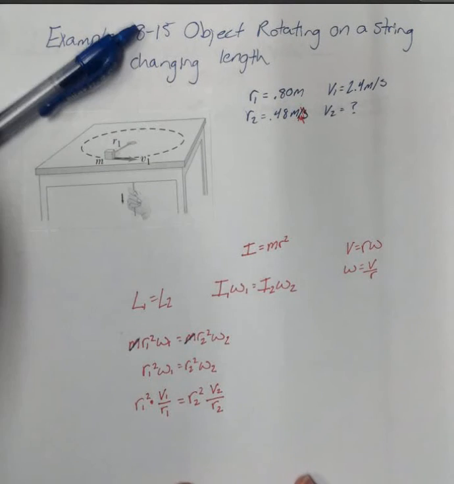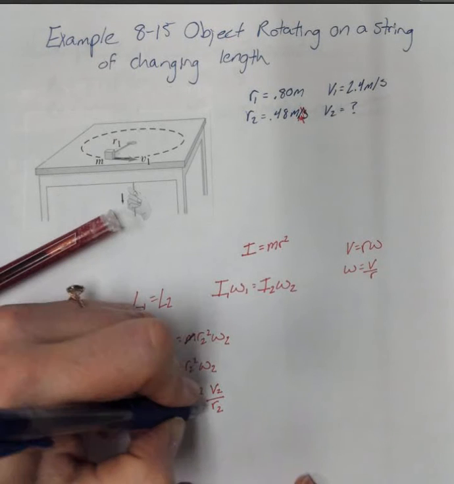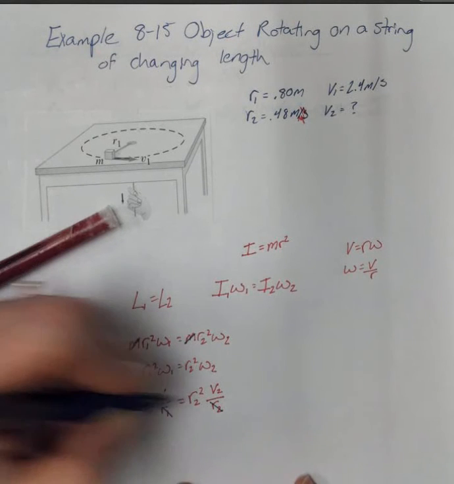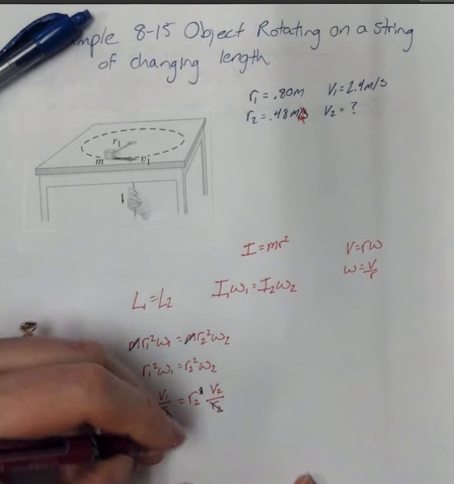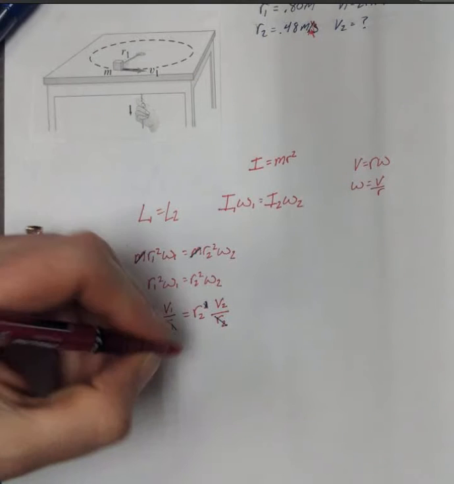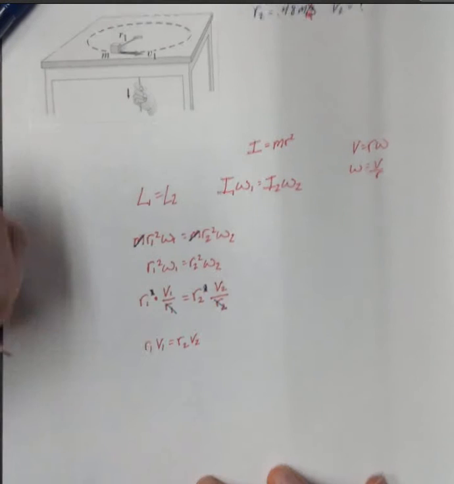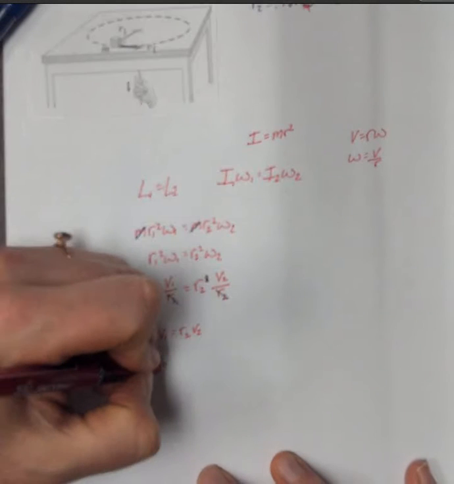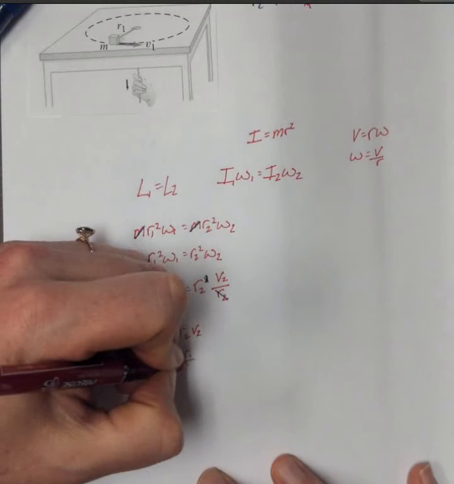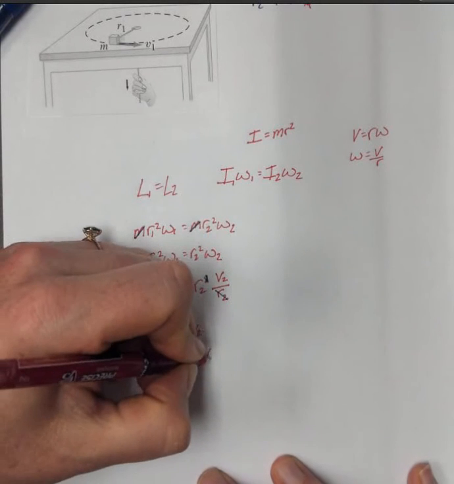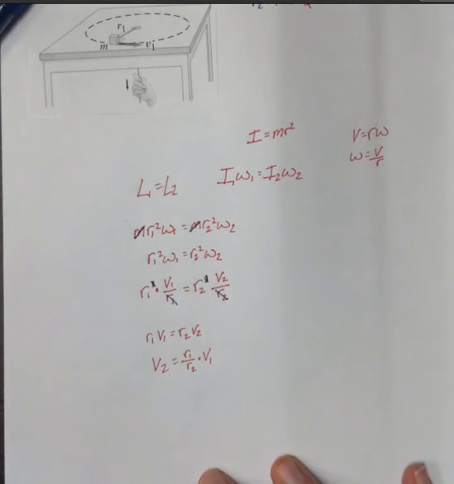And I am quickly going to simplify my equation, and I get r1 v1 equals r2 v2. Solving for v2, v2 equals r1 over r2 times v1. So it's a ratio, it's a fraction of the initial value.